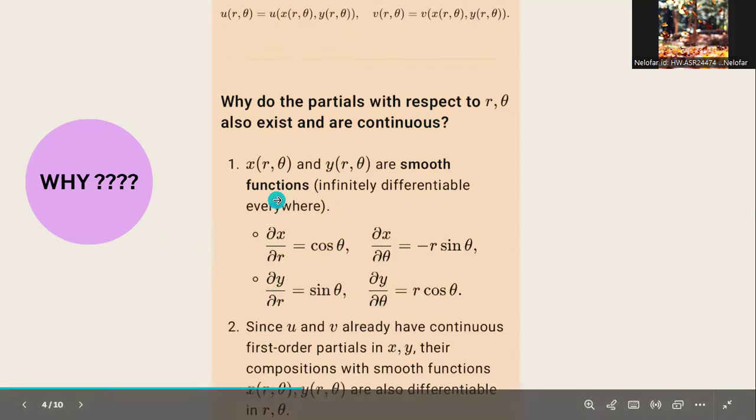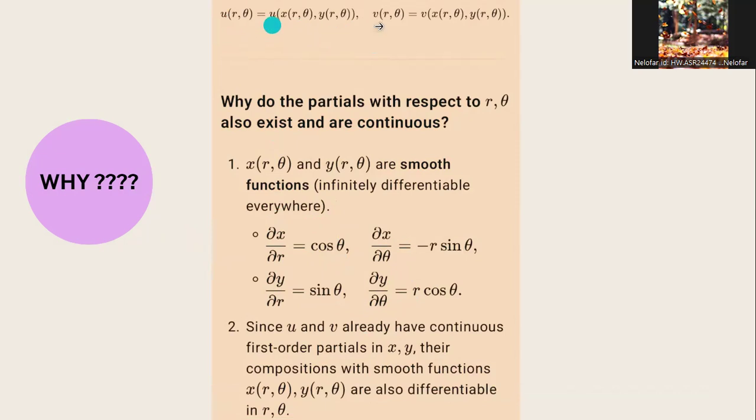So, since u and v have continuous partial derivatives with respect to x and y, and x and y are smooth functions that also have continuous partial derivatives with respect to r and theta, the composition of u and v with smooth functions x r theta, y r theta is also a smooth function.